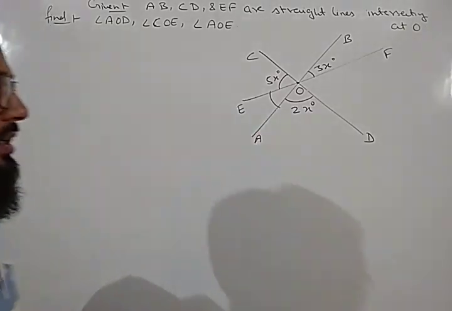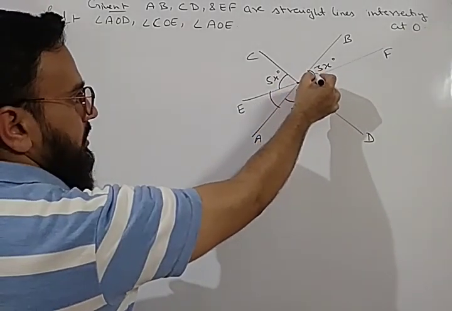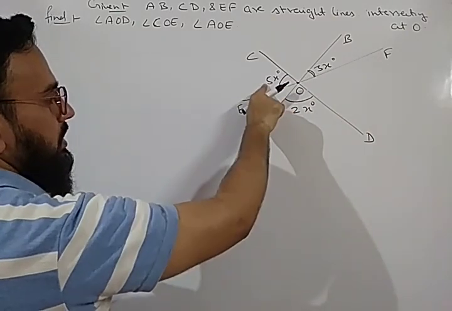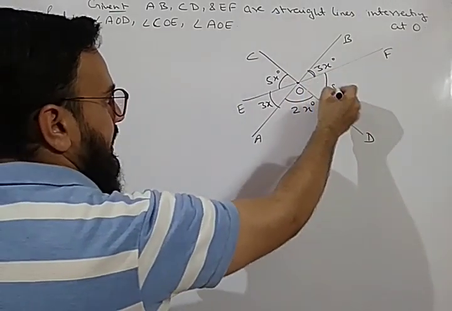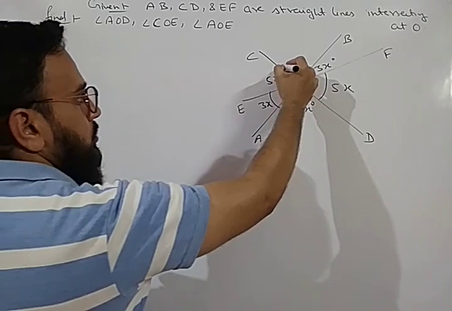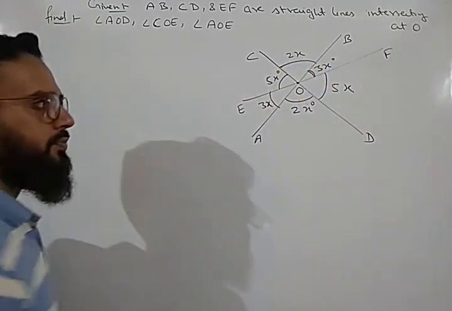If this angle is 3x, the opposite angle will also be 3x. This is 5x, so its vertically opposite angle will be 5x. This is 2x, so this angle will also be 2x.